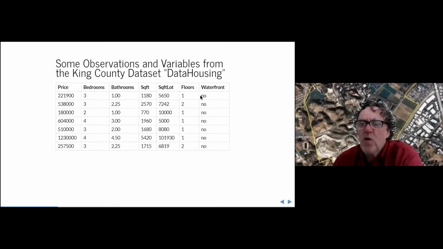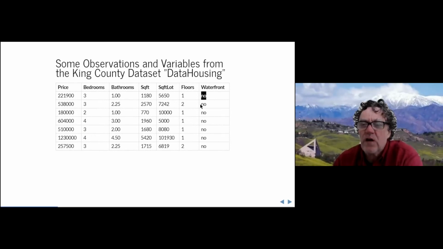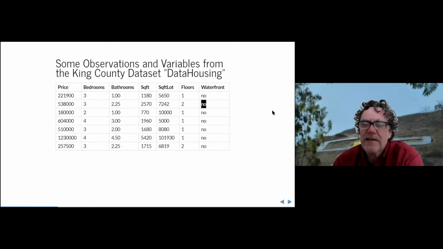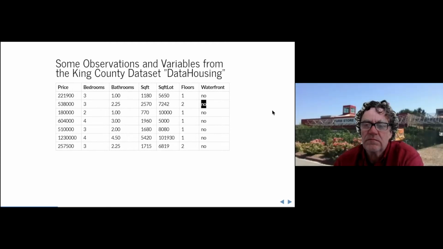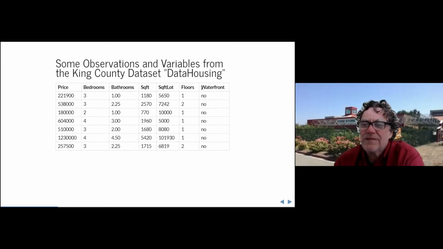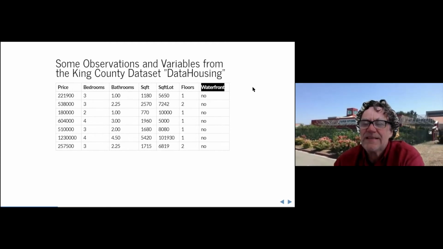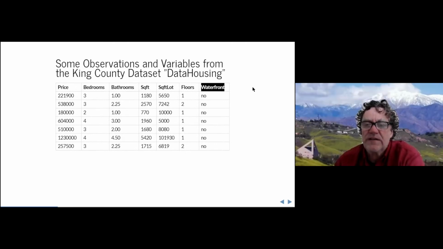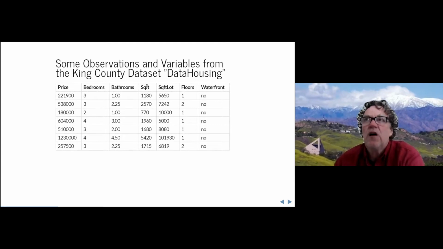It has a no if the house is not at the waterfront, and it has a yes if it is at the waterfront. With this variable, as it is, we can't work because it's a nominal variable. It's not a numerical variable. We will come to that later, how to fix this.